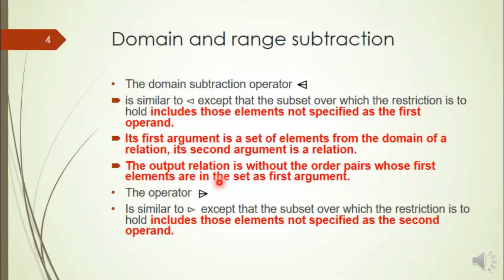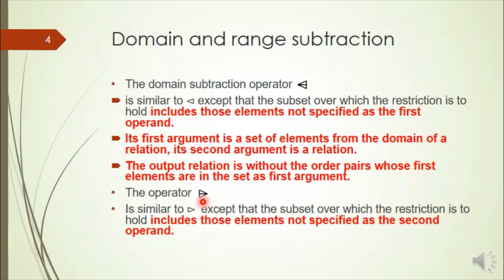Now we'll discuss the range subtraction operator. The range subtraction operator is represented by a triangle with a line indicating towards the right. It also has two arguments.